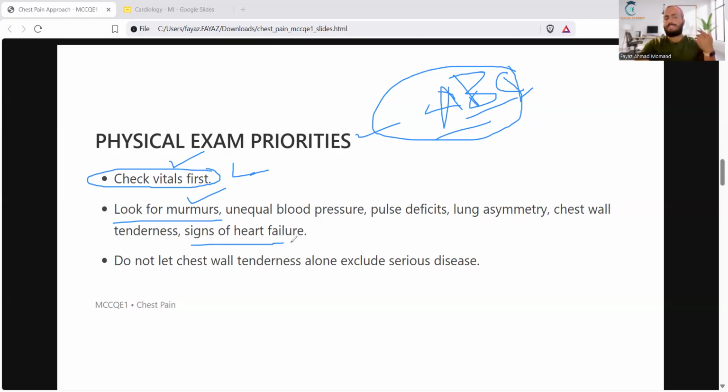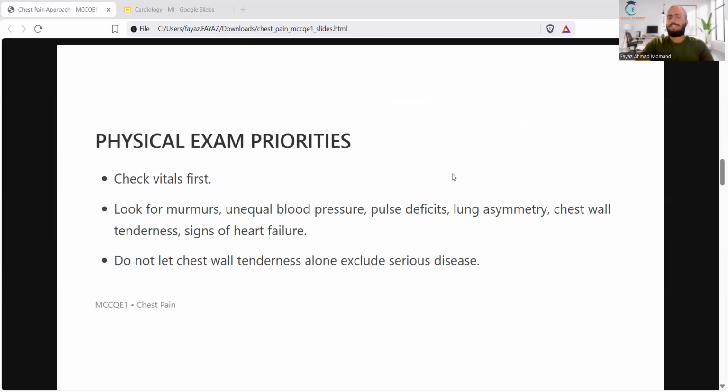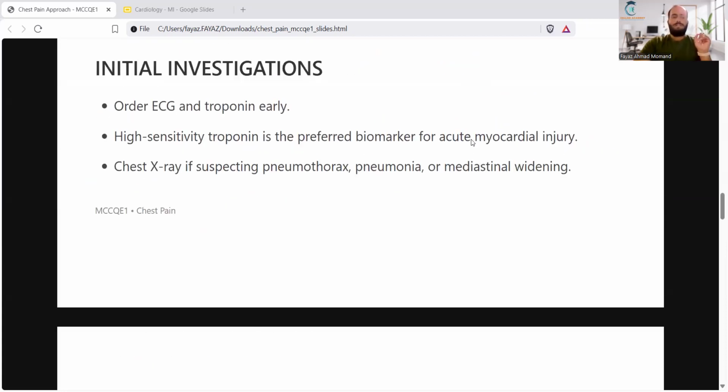Also look for signs of heart failure, specifically basal crackles, S3, and pedal edema. Remember one thing: chest wall tenderness does not exclude acute coronary syndrome. So if a patient has chest wall tenderness, do not say it is costochondritis. Just make sure it is not acute coronary syndrome.